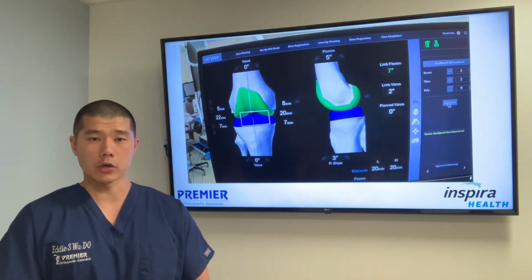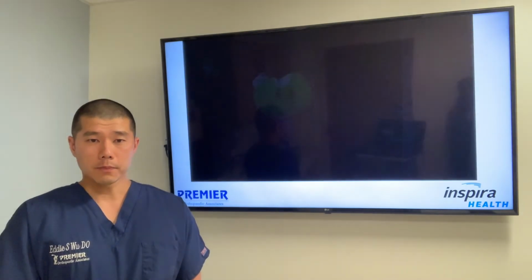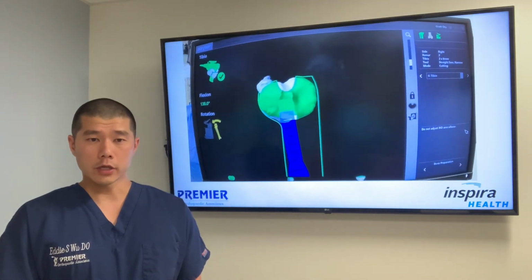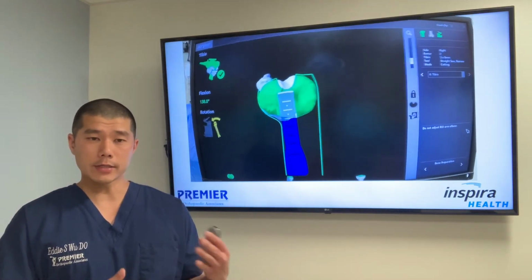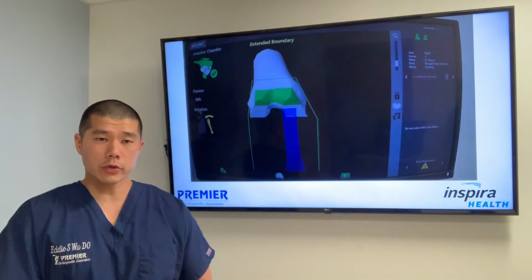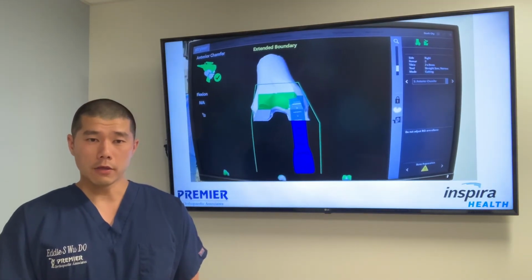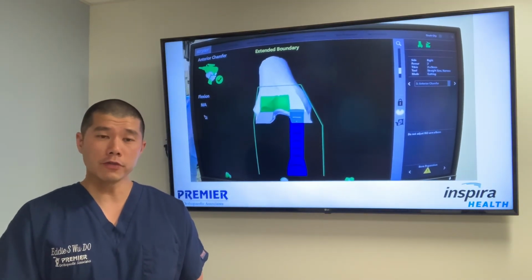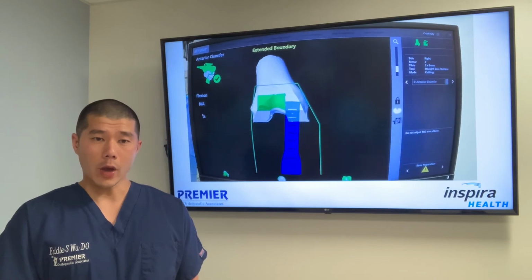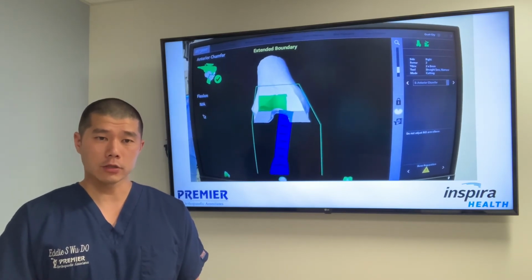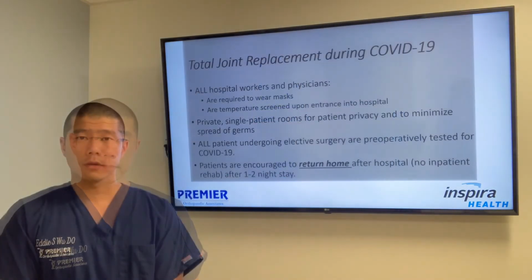This is all during surgery. Finally, using a saw, we're able to basically navigate through the knee during surgery to make sure that the most minimal amount of bone is removed and to execute that personalized plan for you to the highest degree of accuracy.